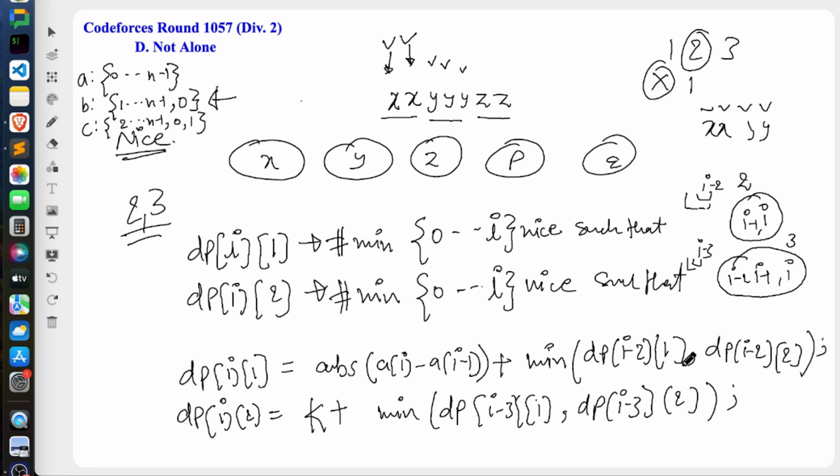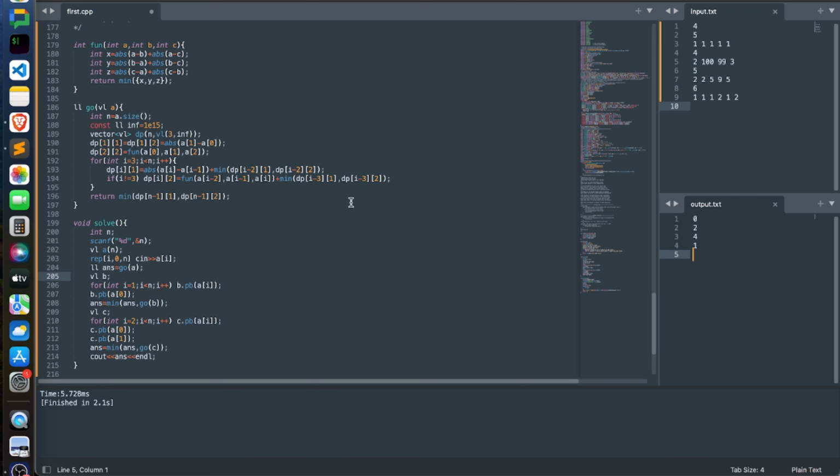Now let's look at the code. Here is the code. This was the function which I mentioned in the explanation part. Let's say there are three numbers a, b and c, and I want to convert all three numbers to be equal. It could be the same as number a, same as b, or same as c. Let's say you plan to have all three numbers the same as a.